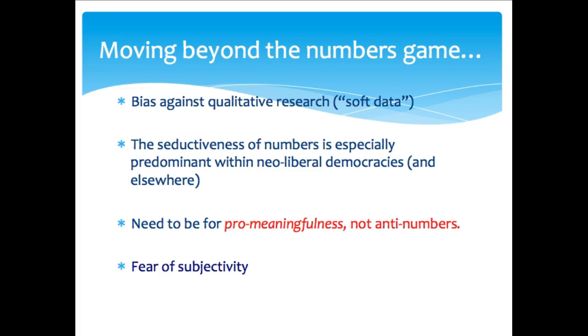That's particularly prevalent in neoliberal democracies, in education, where accountability measures measured by numbers are the predominant way in which we understand and give credence to the educational processes that teachers and students are engaged in. That perhaps there are other ways to understand the process of education that are equally valid, that give us different kinds of information that are equally helpful.